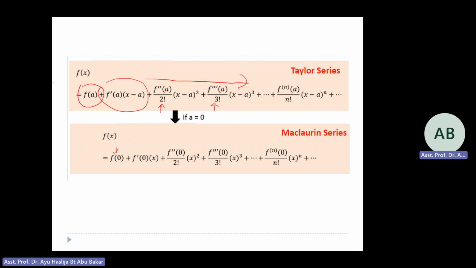Okay, EA for the third term, what do you get? 3 point 25.